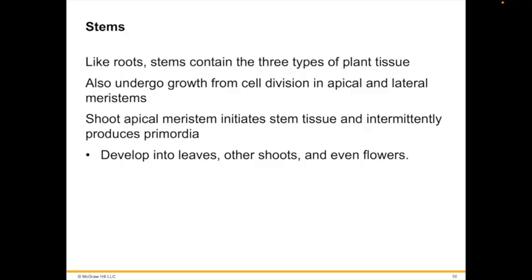Stems also undergo growth from cell division in apical and lateral meristems. The stem may be thought of as an axis from which other stems or organs grow. The shoot apical meristems are capable of producing these new stems and organs.